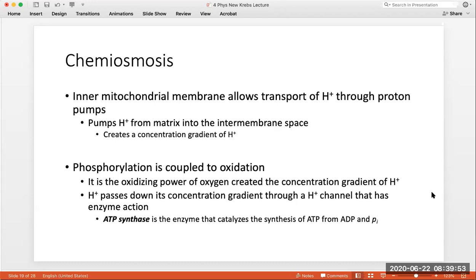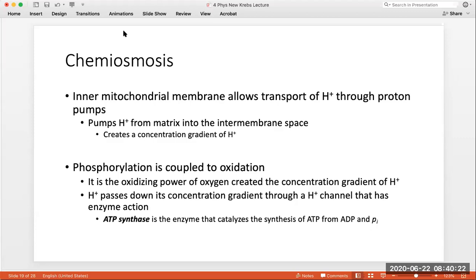And that free energy is used to attach a phosphate to ADP to make ATP. So the phosphorylation of ADP is coupled to oxidation, because oxidation is driving this entire process to create that concentration gradient that is then used to make ATP.